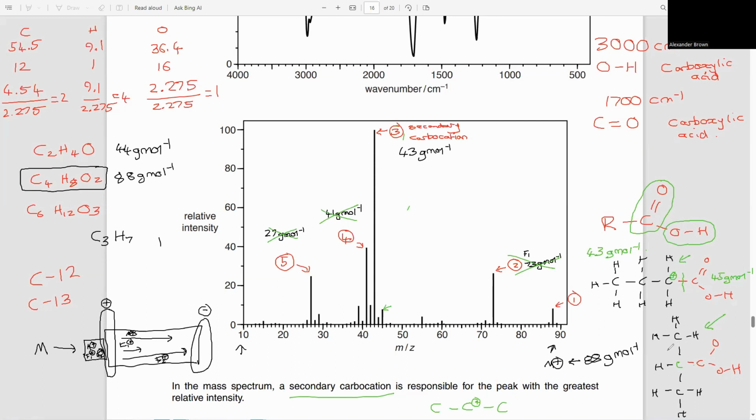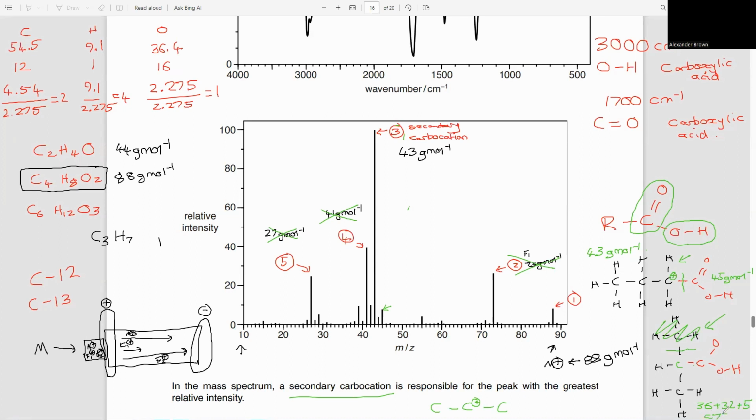So, for example, we could cut here. That would get rid of 15 and we'd be left with 12 times 3, which is 36, plus 2 times 16, which would be 32, plus 5 hydrogens. So this would be 36 plus 32 plus 5, which would be 73.